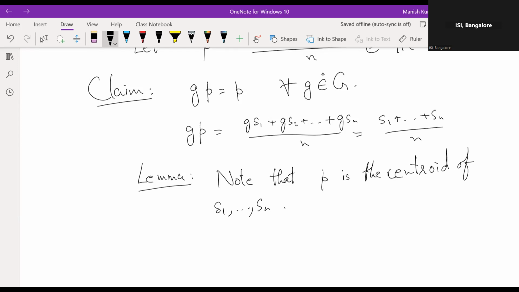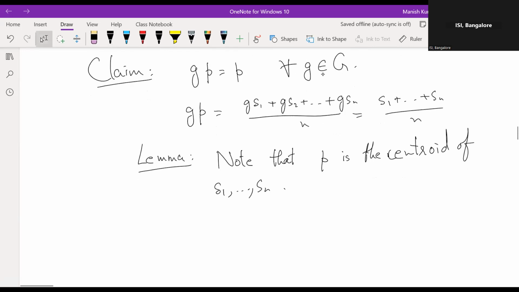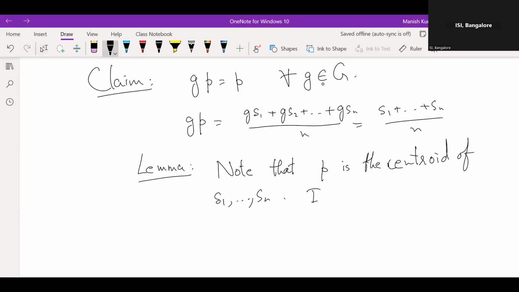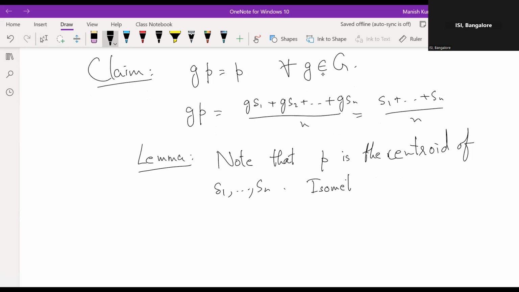And the lemma says that isometries preserve centroid. So isometries take centroid to centroid.